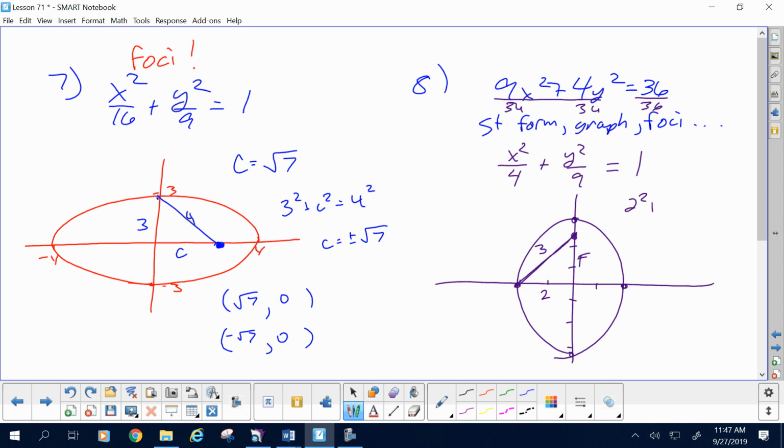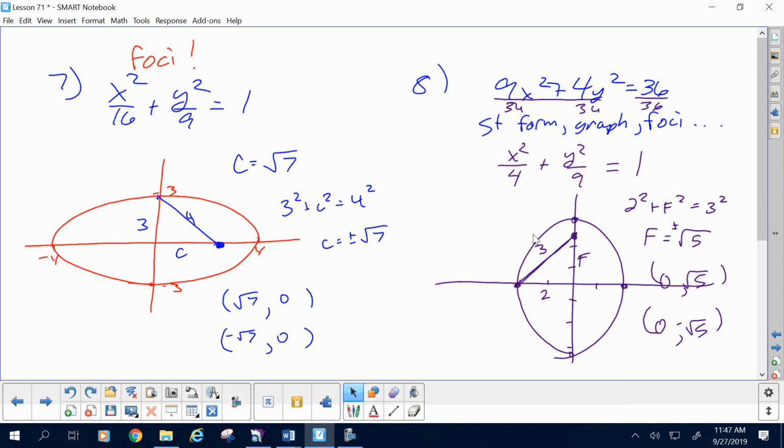So 2 squared plus foci distance squared equals 3 squared. Foci distance is plus or minus root 5. Therefore, the foci are at the coordinates 0, root 5, and 0, negative root 5. Wasn't that easy? Yes. Yay! Ellipses.